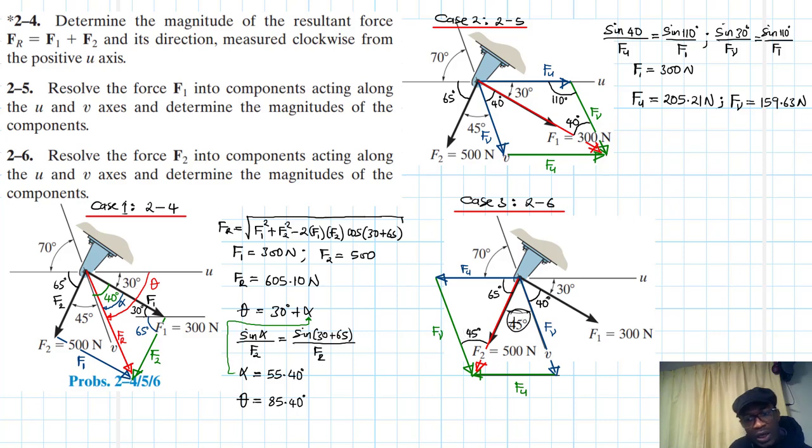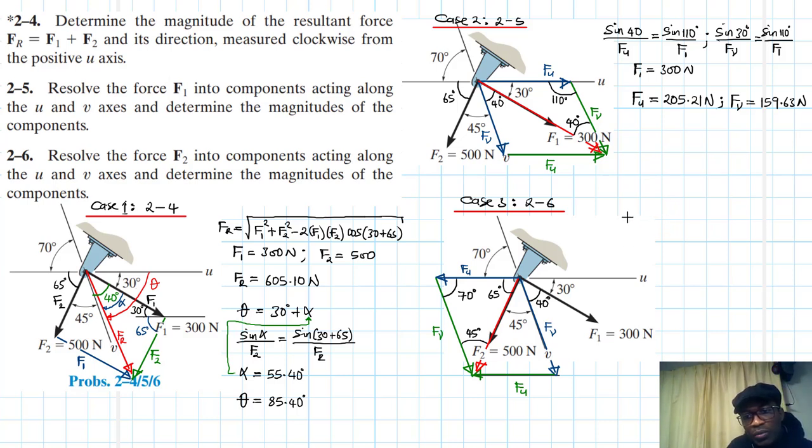It is similar to this angle, right? And then for this angle here, the total angles in a triangle is equal to 180. So 180 minus 45 minus 65, which is just equal to 70. So therefore, this is 70.